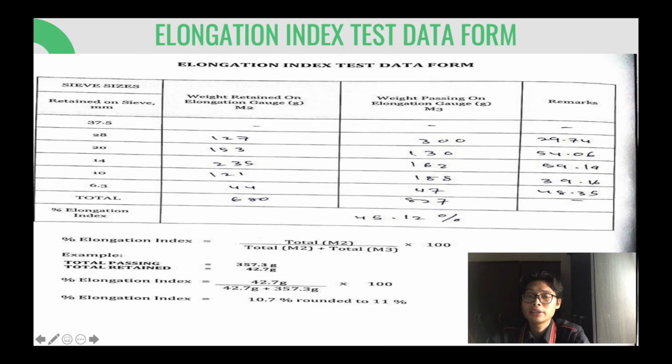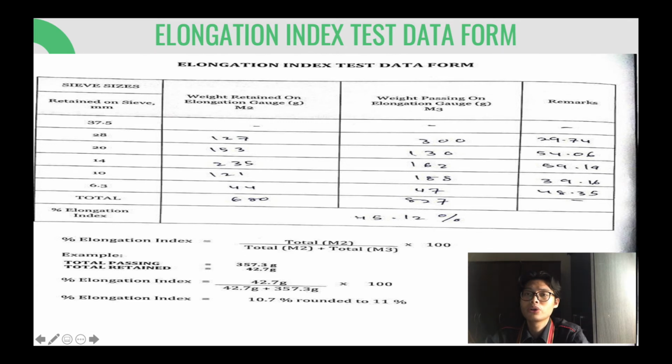For example, we take retain on sieve 28 mm, M2 127 over 127 plus 300 times 100, and we get 29.74%.